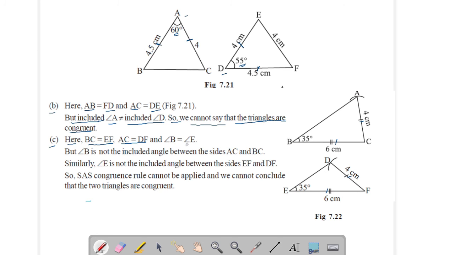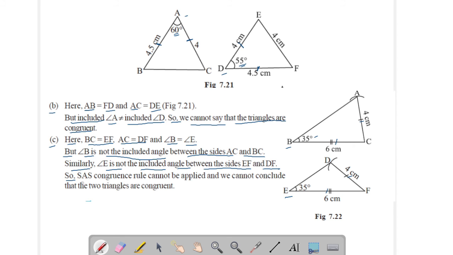Angle B equal to angle E. Here angle B is 35 degrees, and angle E is 35 degrees here, but angle B is not the included angle between sides AC and BC. Similarly, angle E is not the included angle between the sides EF and DF.